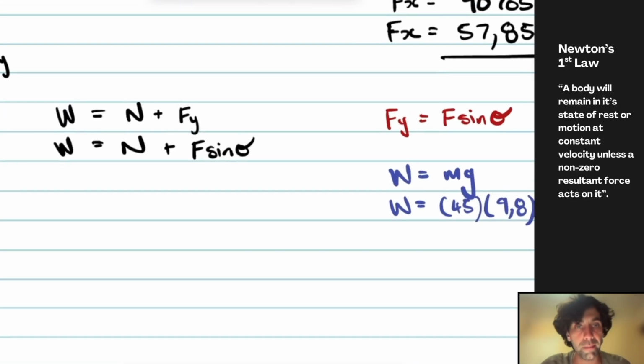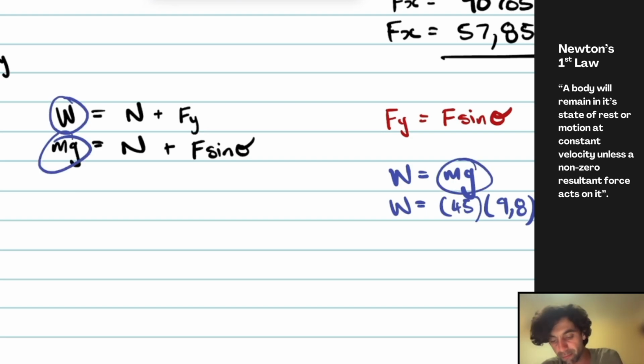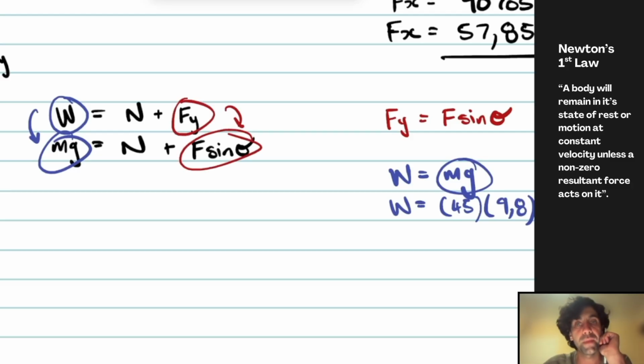And we can plug that in there if we want. Even if I wanted to, I could already substitute this weight in. All I've done is where I see this W, I know it equals mg, and therefore I've just converted that W into mg. And similarly with my Fy, I've converted it into F sine theta.